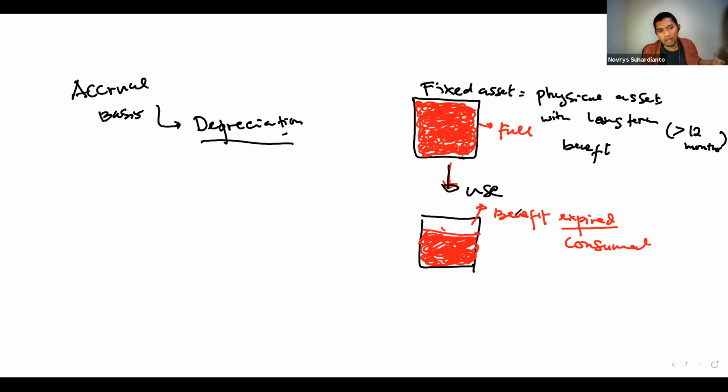Okay, and back to what we mean by accrual basis. We record an expense when the company consumes economic benefit of an asset.